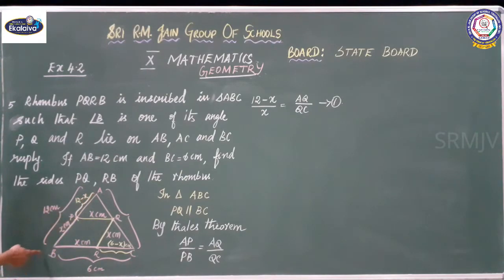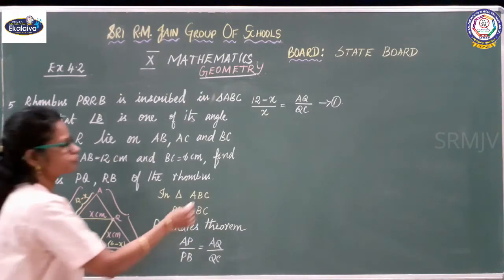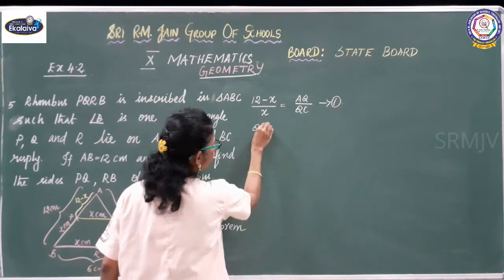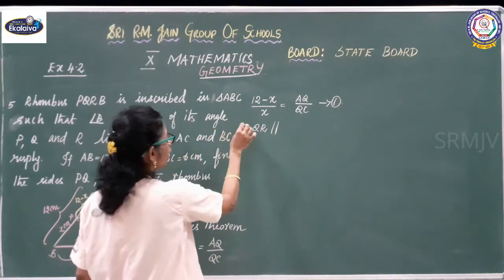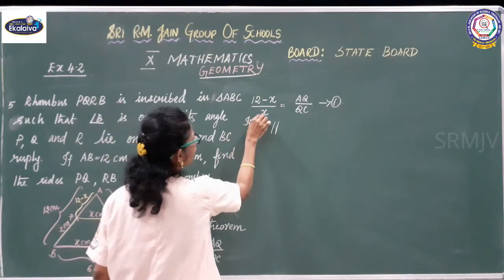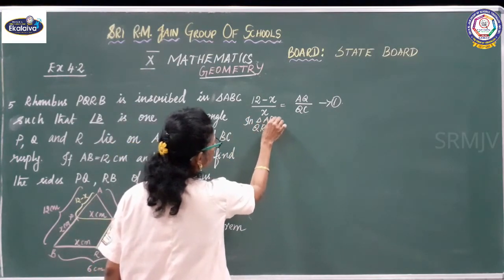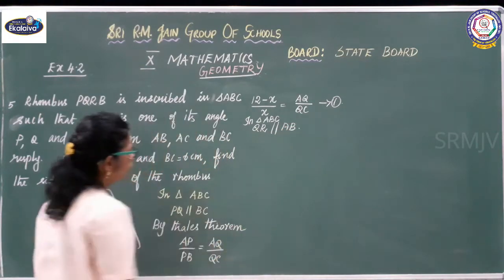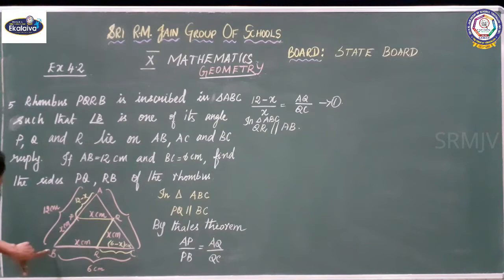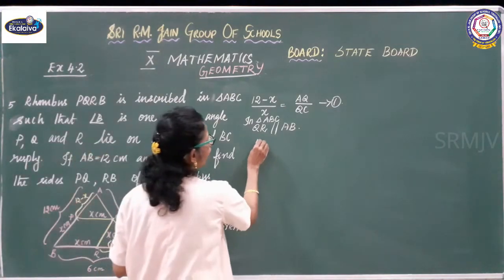QR parallel to AB. The same triangle. In triangle ABC, QR parallel to AB. Again you are going to apply Thales theorem.